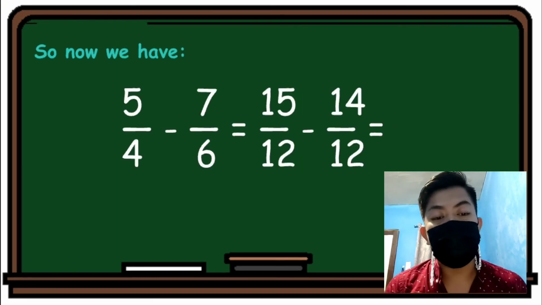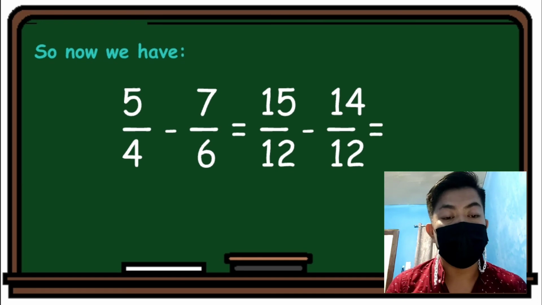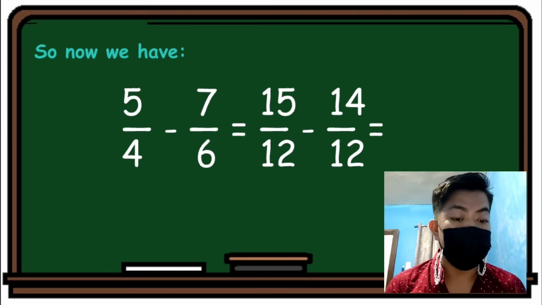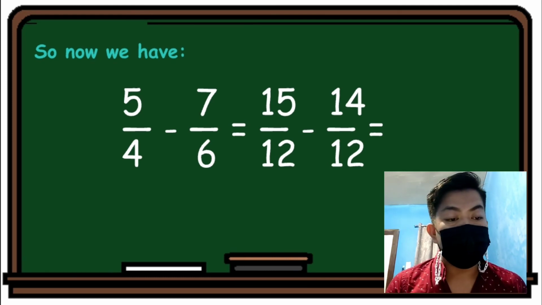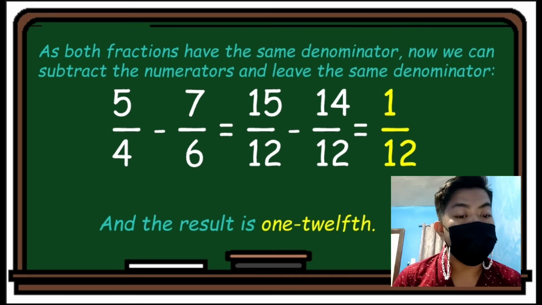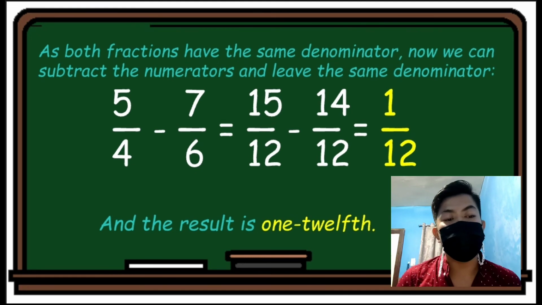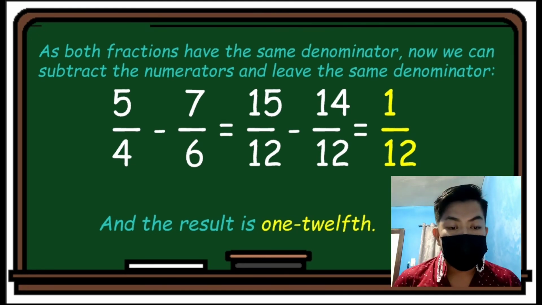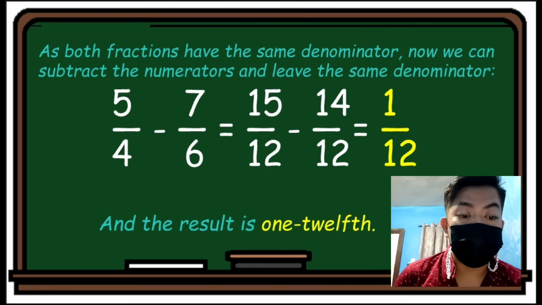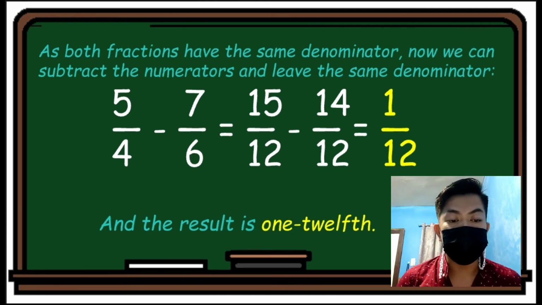So now we have 5 over 4 minus 7 over 6 is equal to 15 over 12 minus 14 over 12. As both fractions have the same denominator, we can subtract the numerators and leave the same denominator.